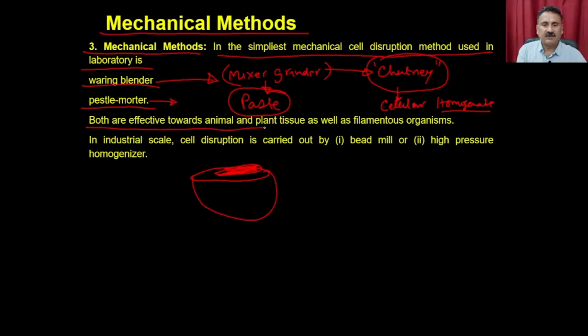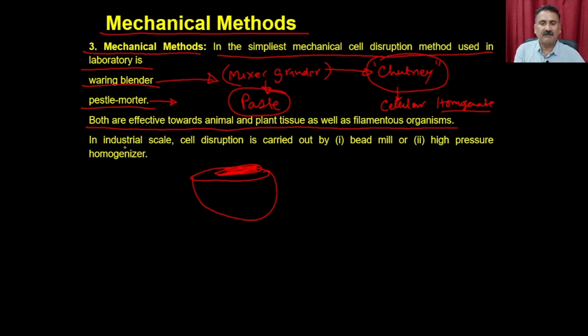Both are effective towards animal and plant tissue as well as filamentous organisms. So you can use the Waring blender or pestle and mortar, which are effective for animal and plant cells, but they are not good for hard tissues, right? And they are also not good if you are trying to do this at an industrial scale, because you cannot have industrial scale mixer grinders, right?